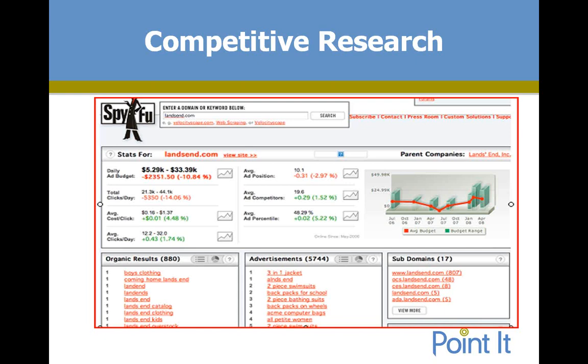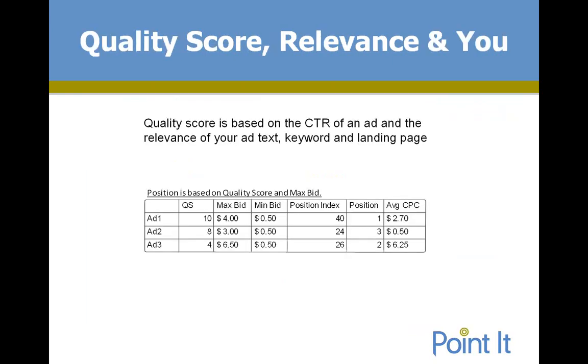A little sneaky, it's called SpyFu. And there's also another tool that we commonly use called Ad Guru, which shows you share of market for your competitors and your keywords. So it'll tell you the share of market for individual keywords compared to your competitors.